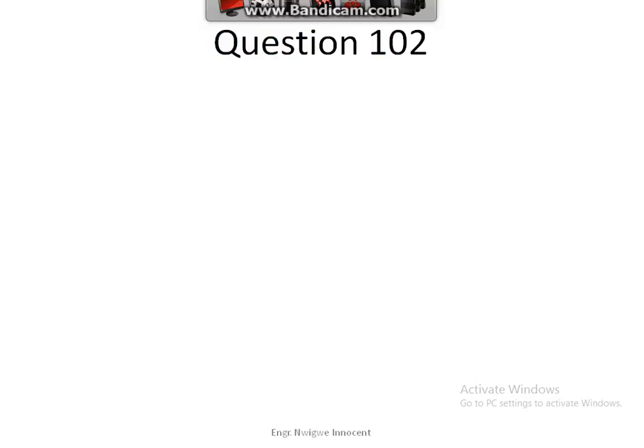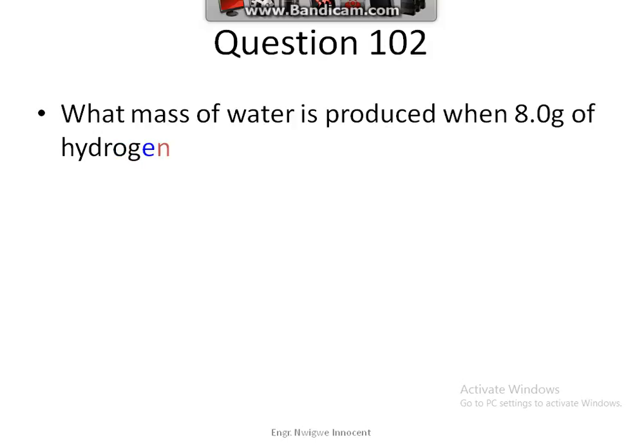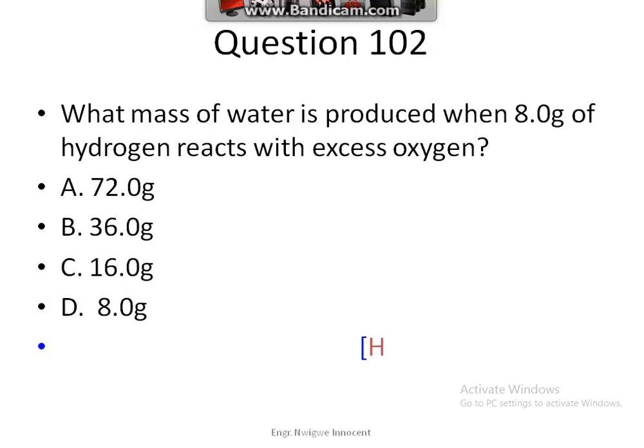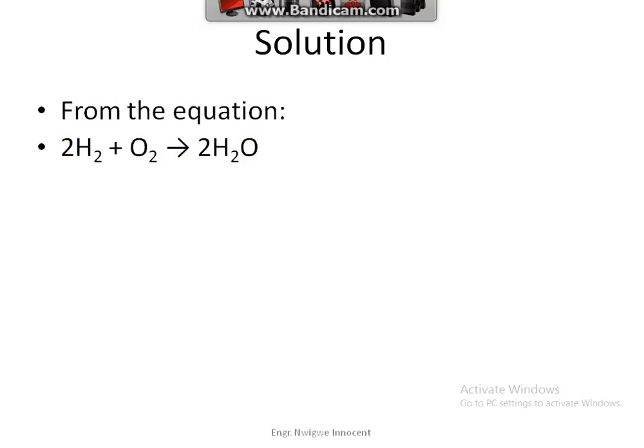Question 102. What mass of water is produced when 8.0 gram of hydrogen reacts with excess oxygen? A. 72.0 gram, B. 36.0 gram, C. 16.0 gram, D. 8.0 gram. Taking hydrogen to be equal to 1, oxygen equal to 16. Solution. From the equation, 2 molecules of hydrogen plus 1 molecule of oxygen give 2 molecules of water, H2O.